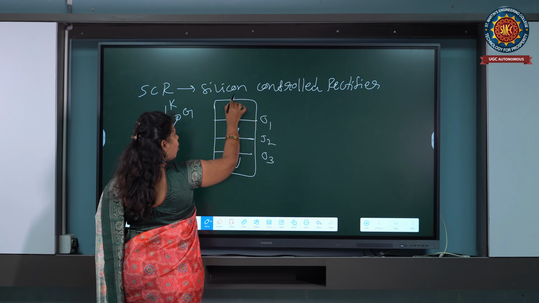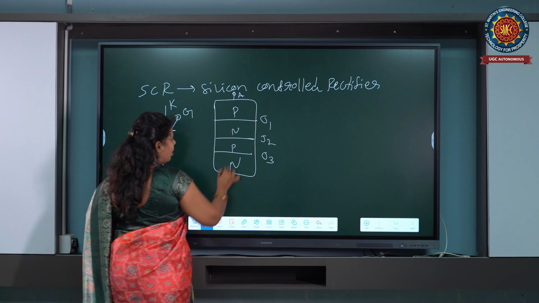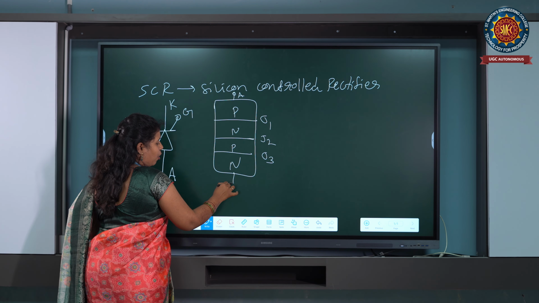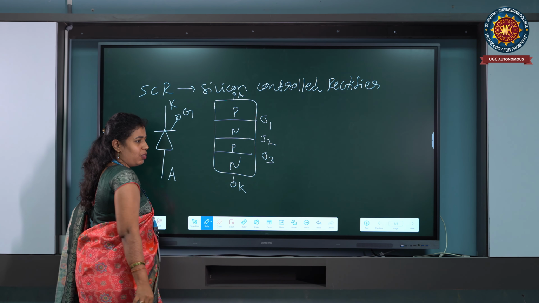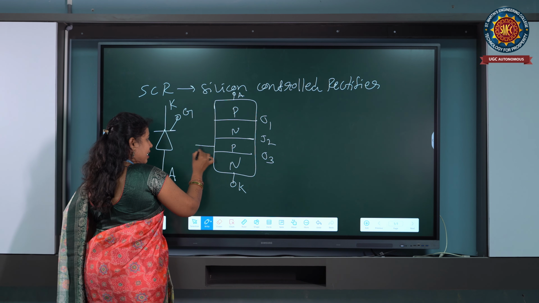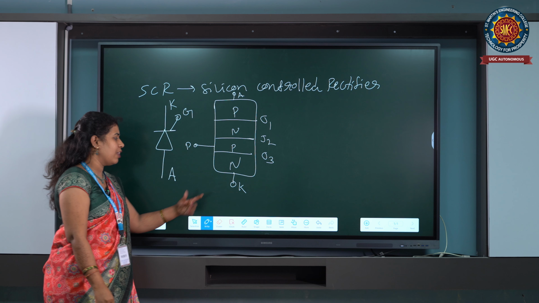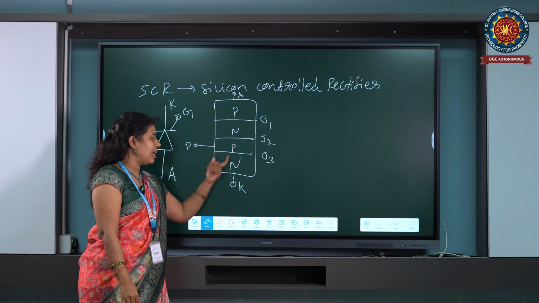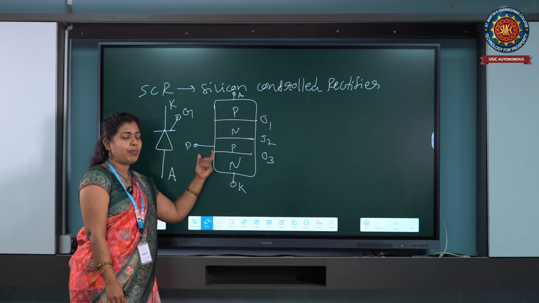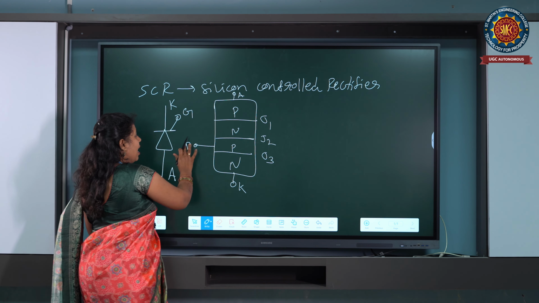The top P layer is connected to the anode, and the bottom N layer is connected to the cathode terminal. The gate is connected to the P layer nearer to the cathode terminal.